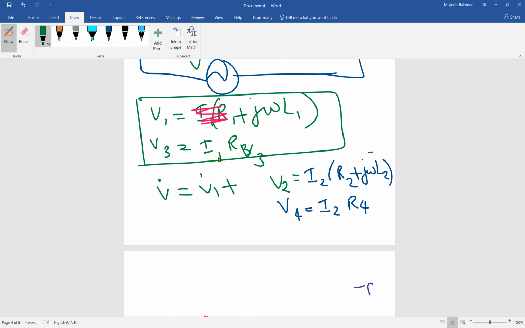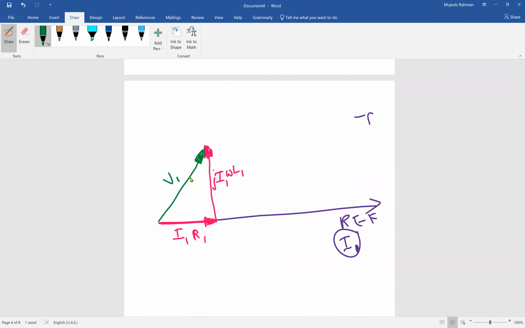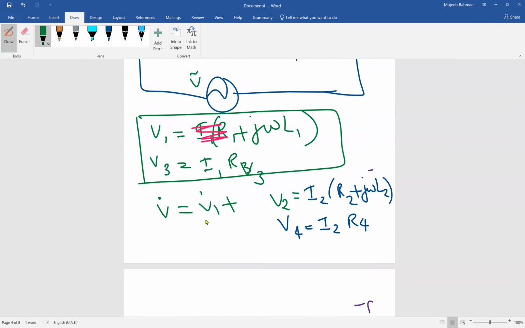Now we can calculate I1 into R3. I1 into R3 is also going to be in phase with I1. Let us assume that we have I1 into R3 something like this. This is I1 into R3, which is going to be V3.